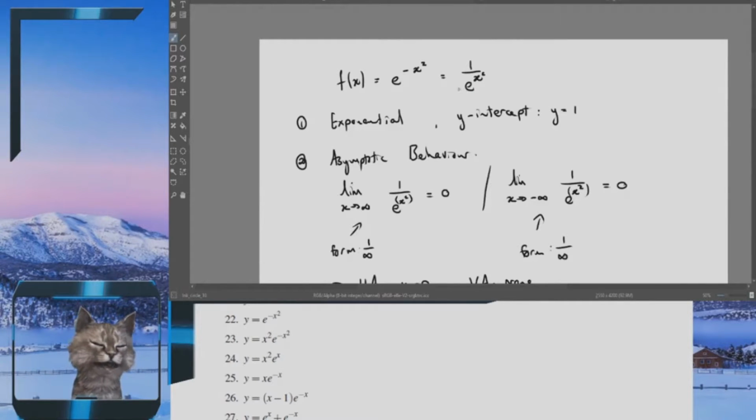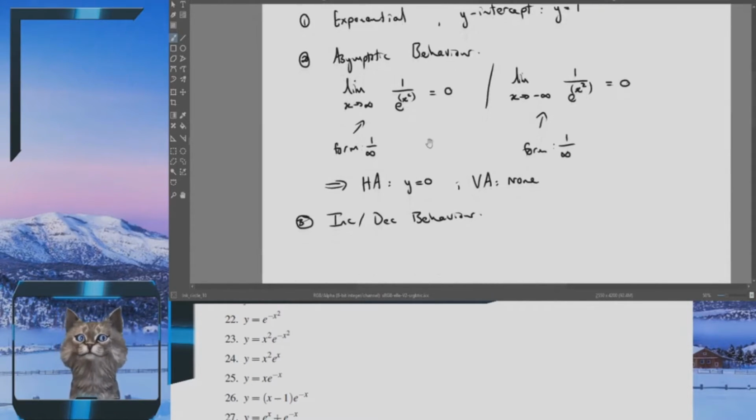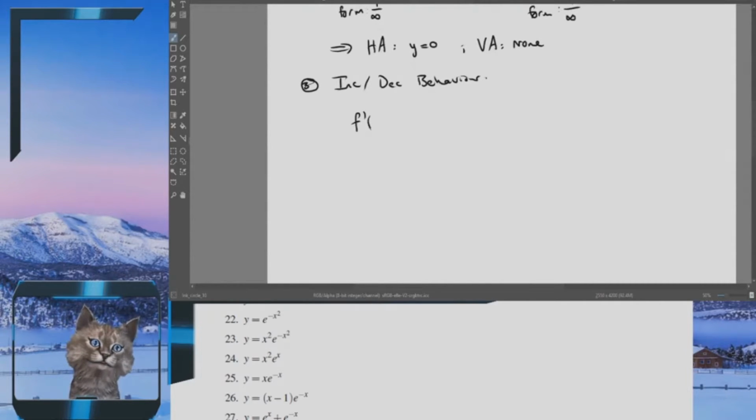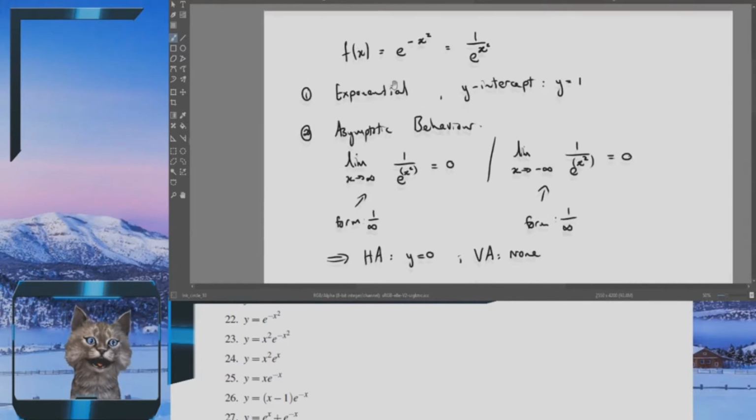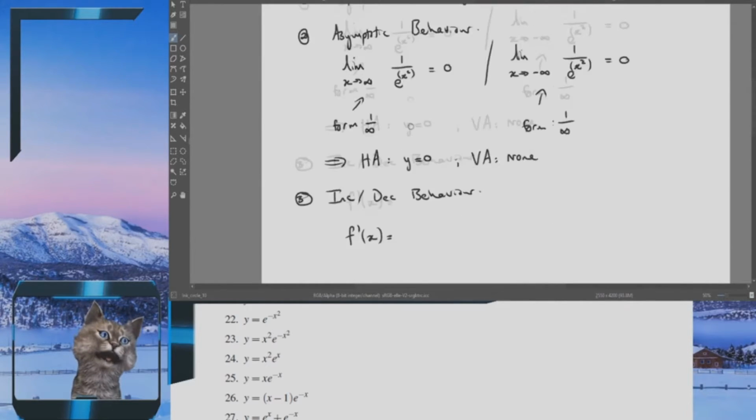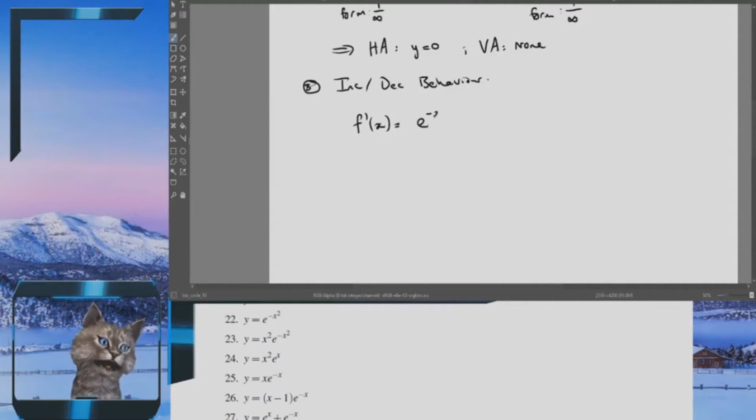I'm going to look at this version, because taking the derivative of an exponential function with a chain rule is not so bad. So the derivative is e to the something times the derivative of that something. And then I can clean it up and put the negative 2x in front maybe. That looks kind of nice, like so.